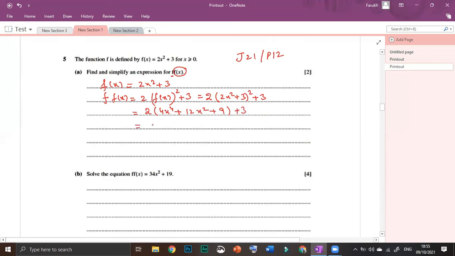After simplification, the final answer is 8x power 4 plus 24x square plus 21. This one is ff of x.